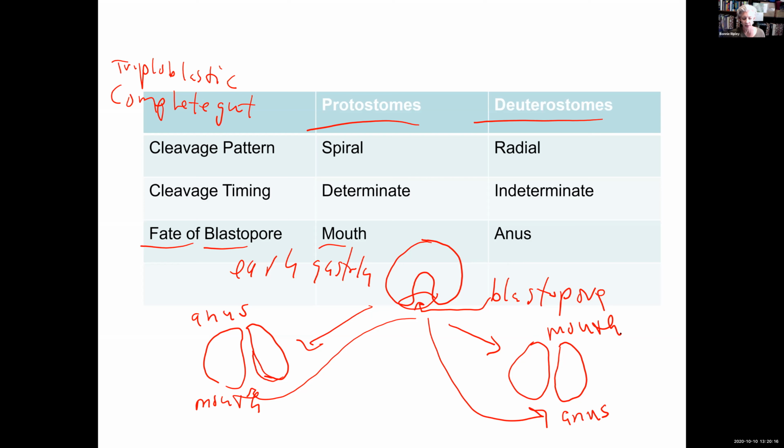Right, so the difference between the protostomes and the deuterostomes is that the orientation of the body of the animal from early development is 180 degrees opposite.